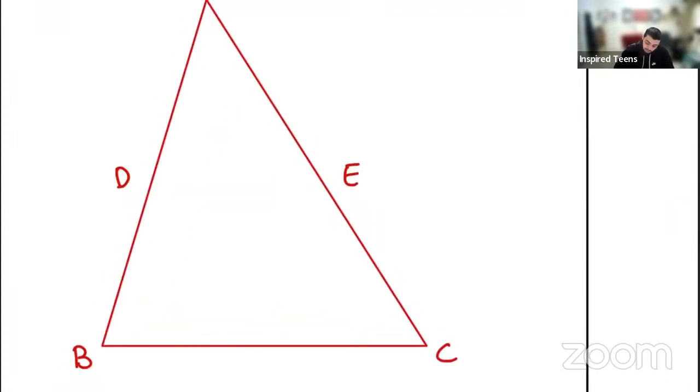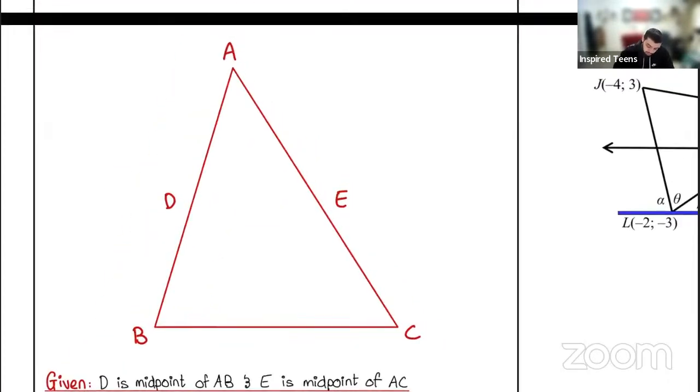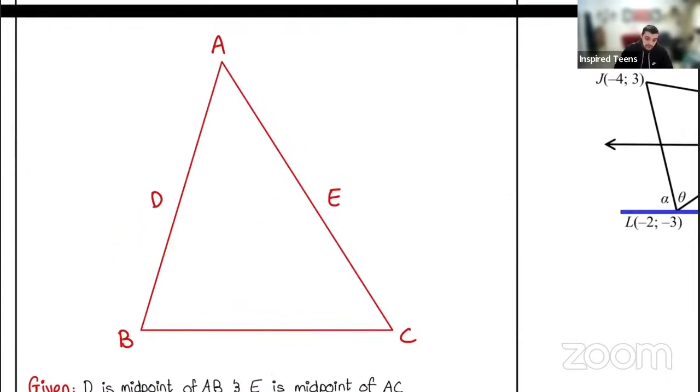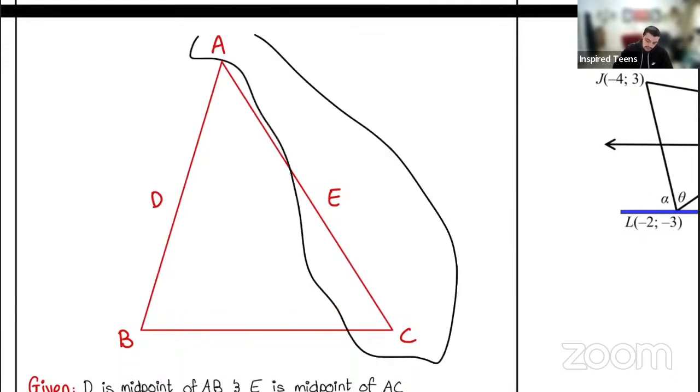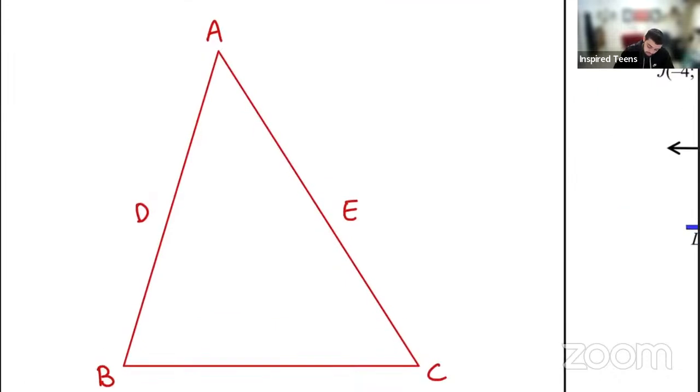What happens is we find the midpoint of AC and AB. Let's just say the midpoint of this is somewhere there, and the midpoint of this is somewhere there.